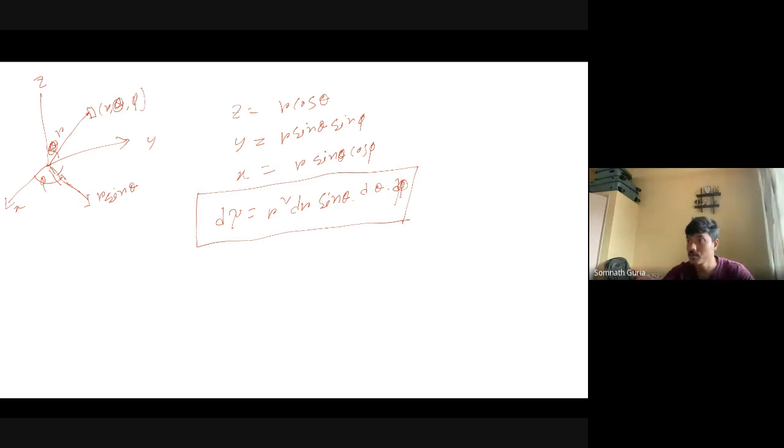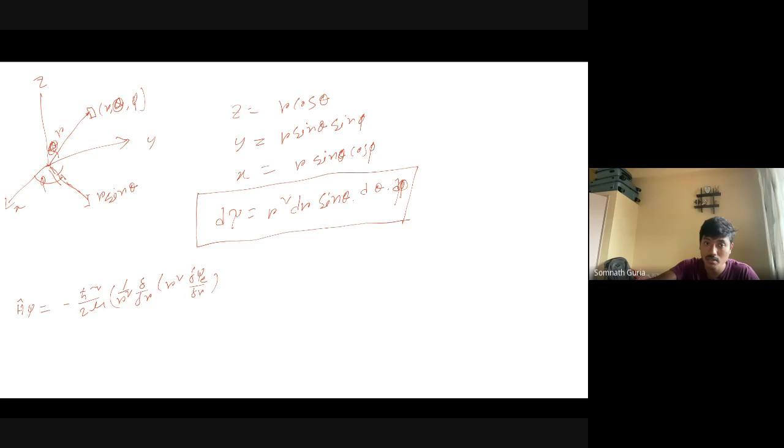So if we put all coordinates in terms of r, theta, phi, it gives us the Hamiltonian operator H psi, which is minus h cross squared by 2 mu, times 1 by r square del by del r of r square del psi by del r.